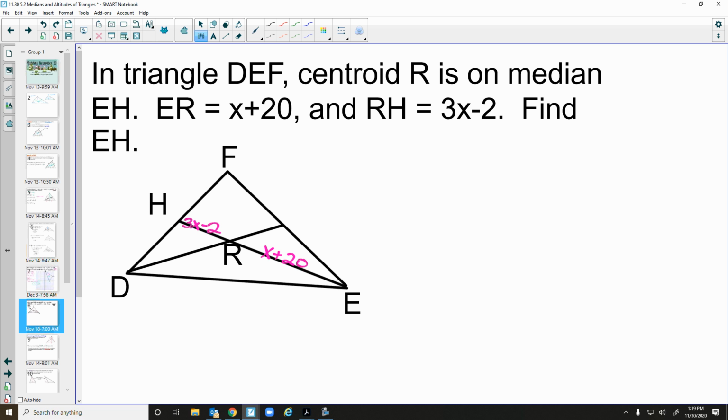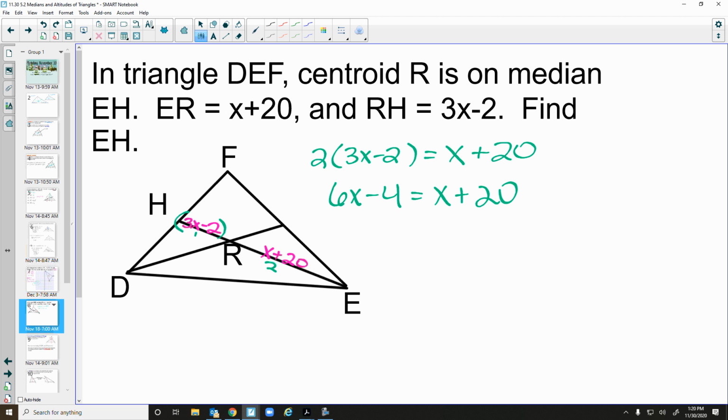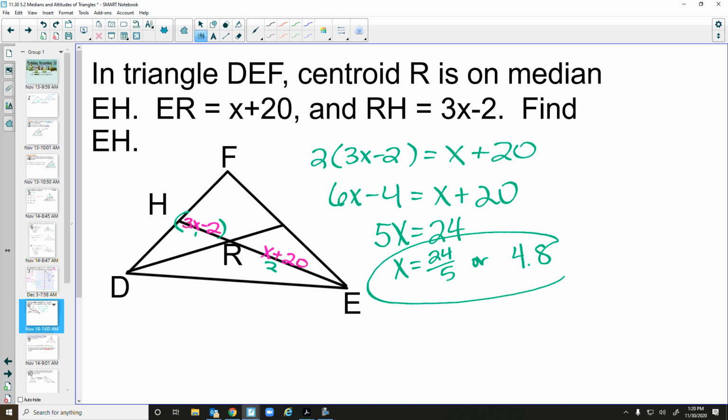Wonderful. Remember, this distance is 1 to 2, that relationship. So if we double this small one, it would be equal to the longer one. So 5x equals 24. So 24 fifths, or 4.8.